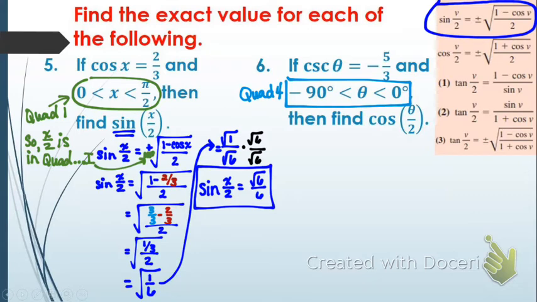Also going to be in quad 4. For the same reason that if I'm talking about positive angles, if it's in quad 1, my half angle would be in quad 1. If I go the other way around, negative 90, cut that in half, I'm at negative 45. That's still quad 4. So theta over 2 is going to be in between negative 45 and 0, which is quad 4.